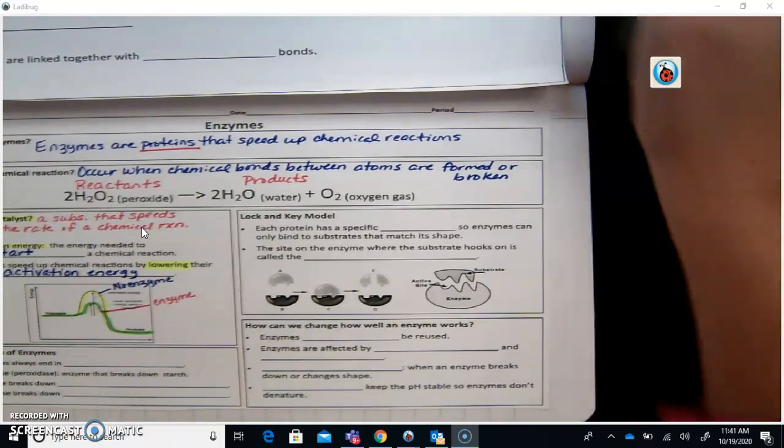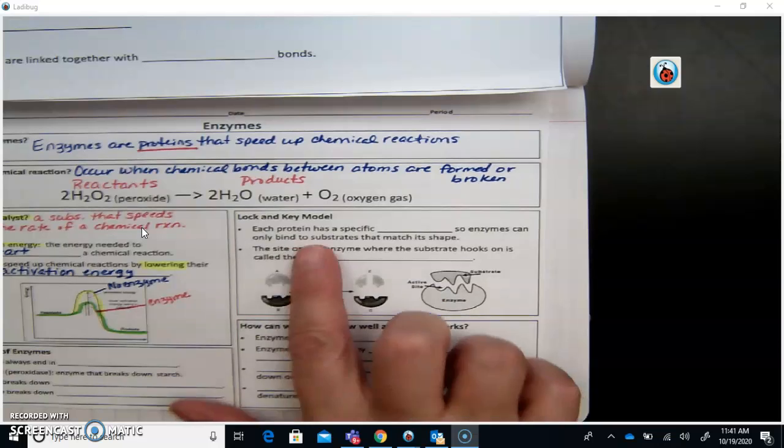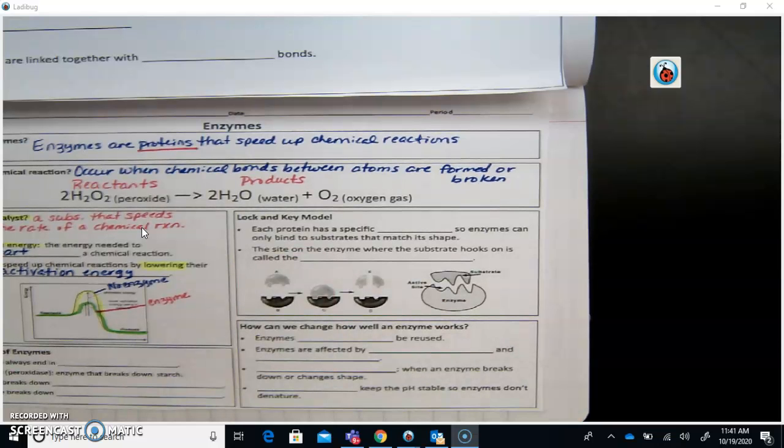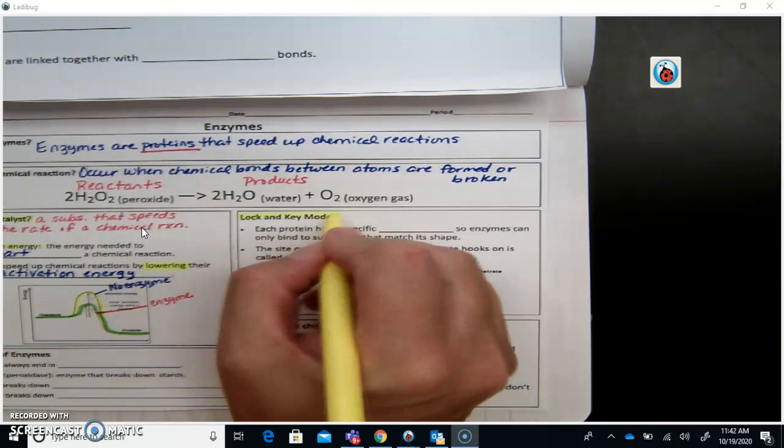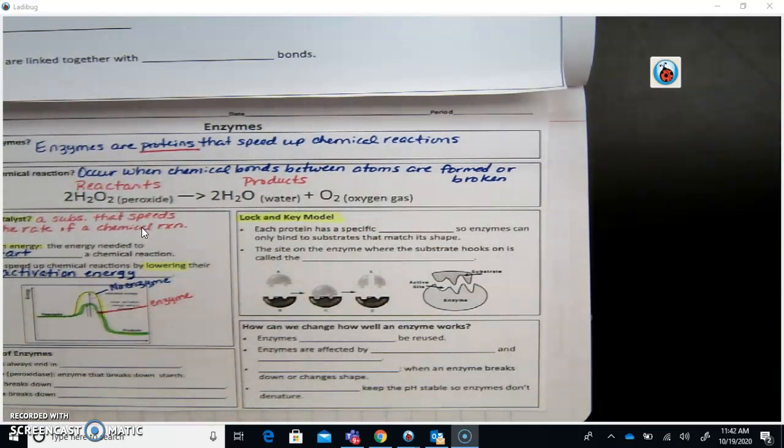Now, how enzymes work is something called the lock and key model. There are a few things we need to remember about enzymes. Each protein has a specific shape.